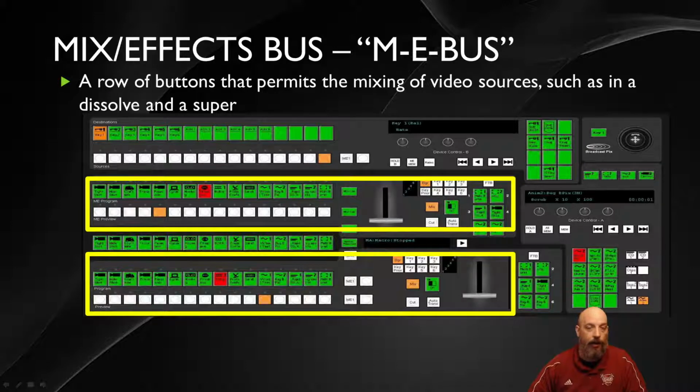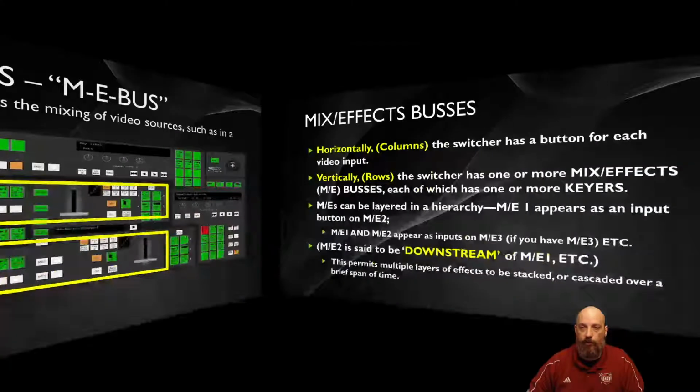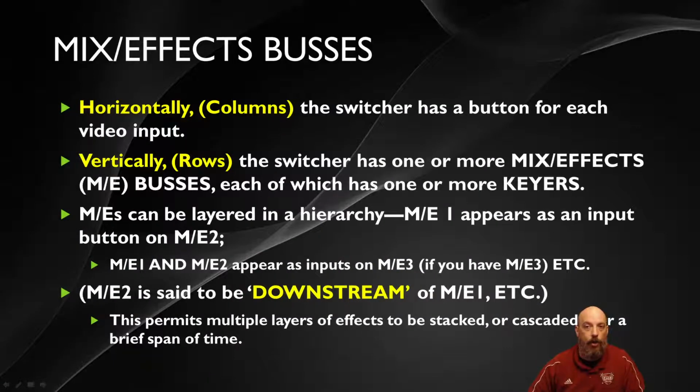If I come up here and I hit this, I'll see camera 1 in that output. So each of these individual columns represents a separate video source. Now each row has a specific function. So each row could be a mix effects of various things. That could be keyers and like-minded.